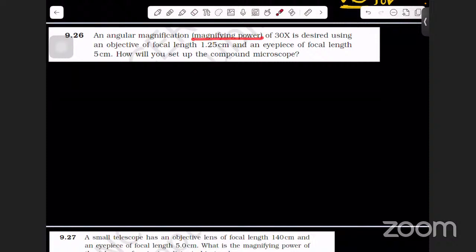So you have f naught given as 1.25 centimeters, fe is given as 5 centimeters. The distance of distinct vision, you know, is 25 centimeters. And angular magnification is given as 30x, which is the magnifying power.